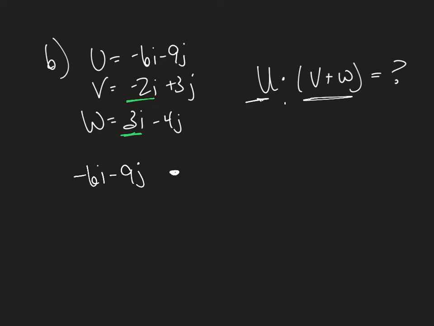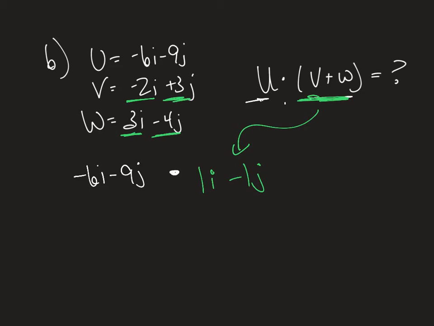So negative 2 plus 3 is a 1, right? And so this is really going to be 1i, and 3 minus 4 is going to be minus 1j. So v plus w, when I added those two vectors together, I got another vector, and now I'm going to do the dot product.